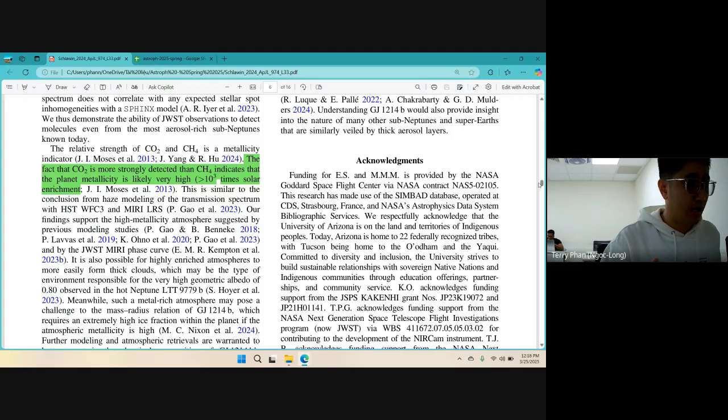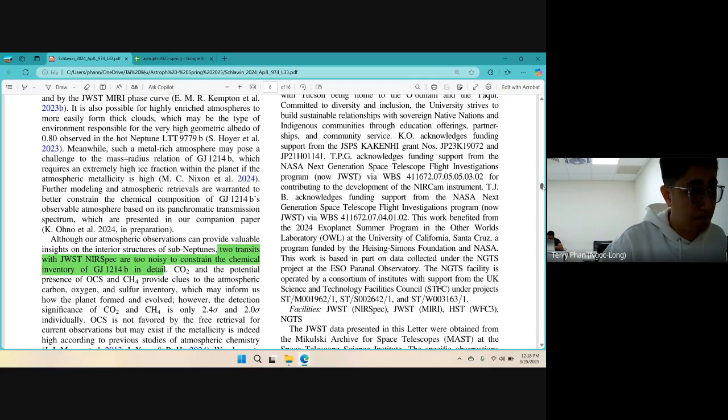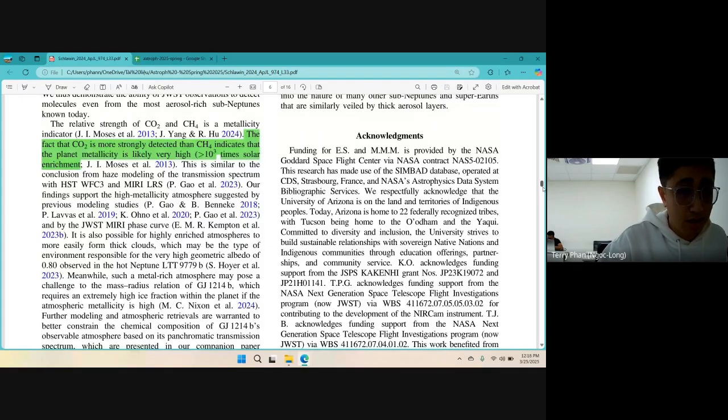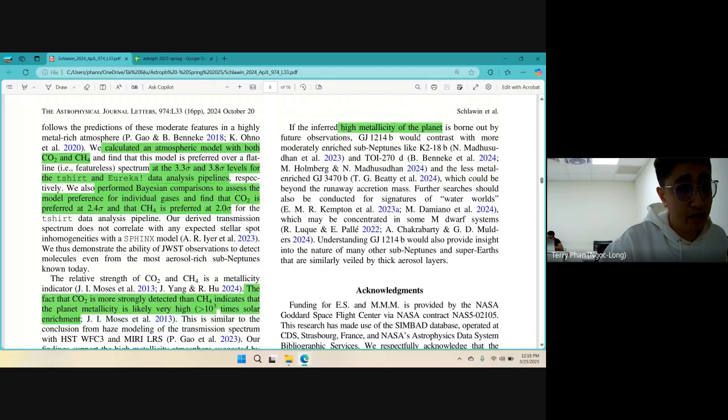Another result they found is that the carbon dioxide feature is more strongly detected than methane. So it indicates that this exoplanet has very high metallicity, around 1,000 times solar metallicity, compared to other exoplanets, for example, like K2-18b and TOI-270d. They only have a metallicity around 100 to 200 times solar.